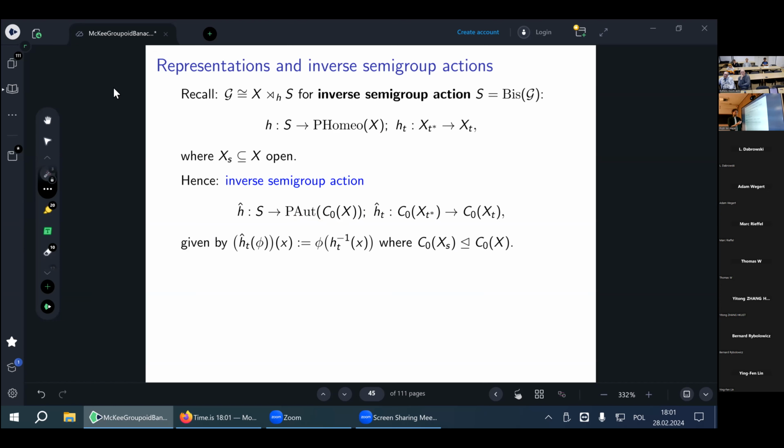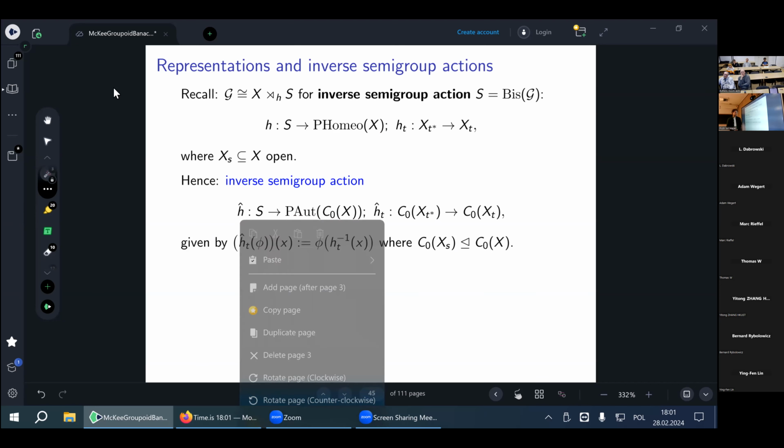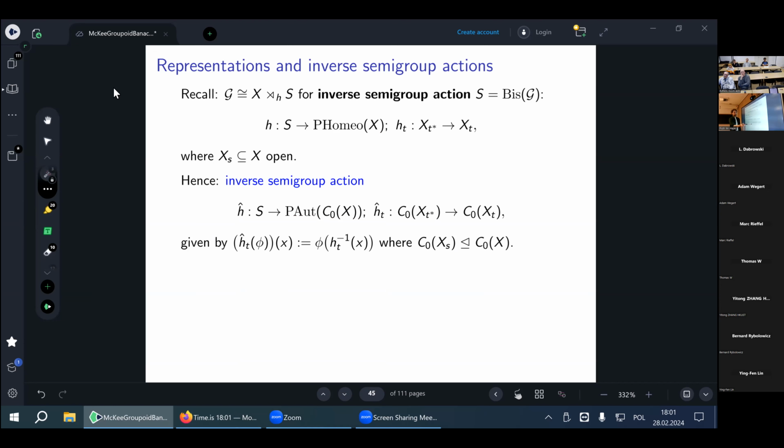I'll denote this dual thing by h hat. And here's the formula. Remember that X_t is an open set, so this is an ideal of functions. We think of it as functions that are zero outside of the open set.